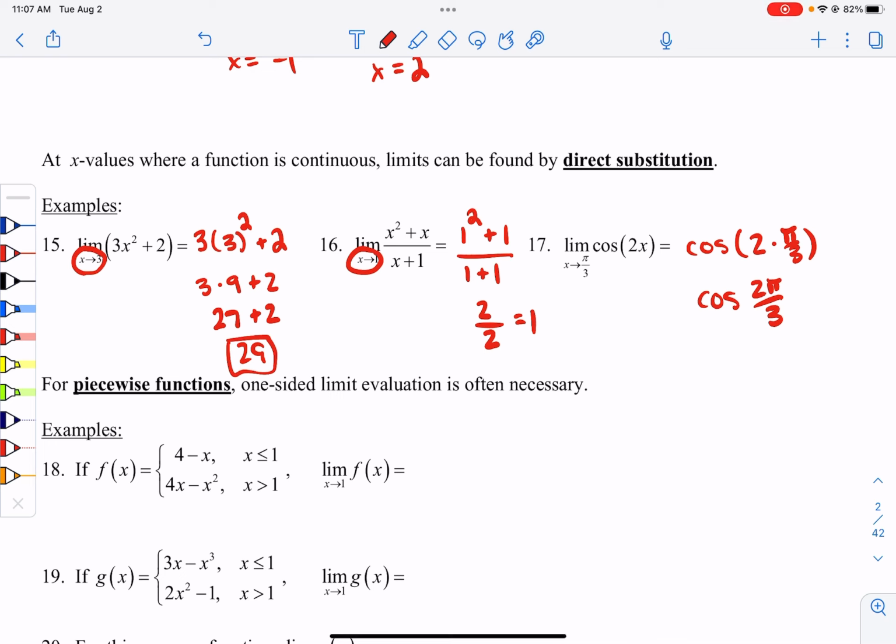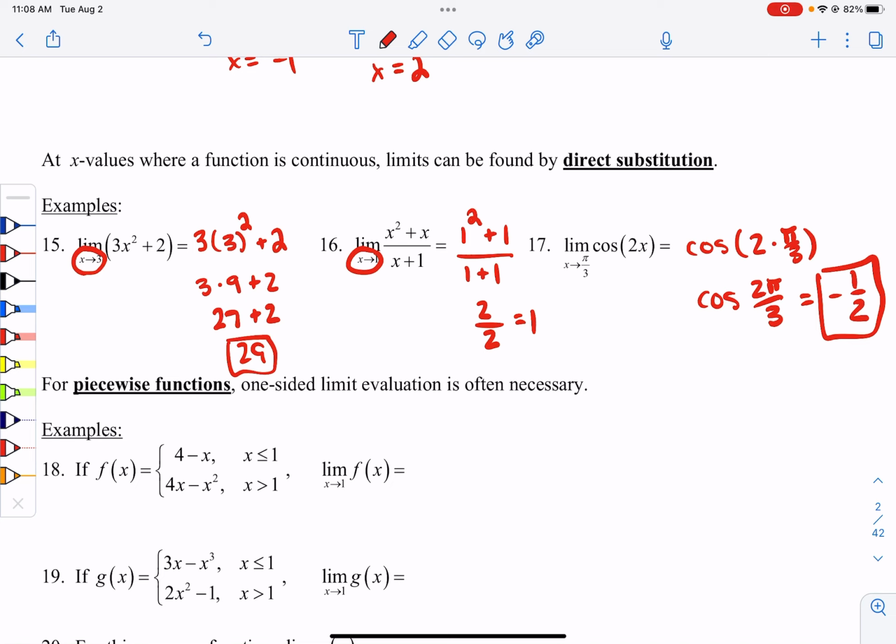Because you worked so hard to memorize your unit circle, you know that the cosine of 2 pi thirds is the x value at 2 pi thirds, and that is equal to -1/2. So the limit as x approaches pi thirds of cosine of 2x is -1/2.